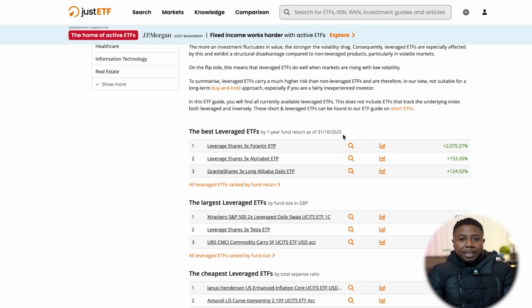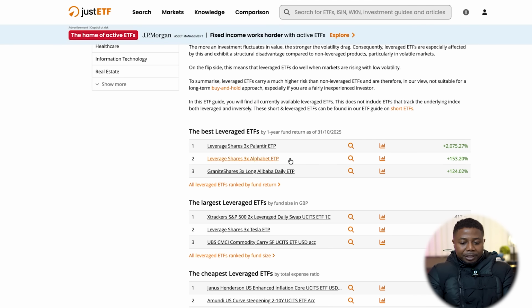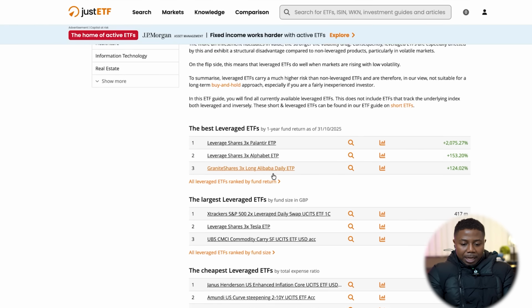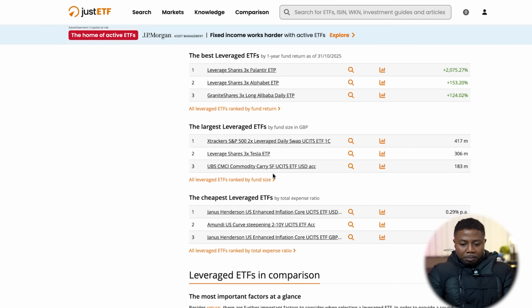Now bear in mind that past performance has no bearing on future performance. So just because it did well last year doesn't mean it's going to do well. You've got Palantir there, 3 times leverage, Alphabet, which is Google, and Alibaba, and you look at those by size, for example. You've got Tesla, the S&P 500, and commodities, and so on and so forth.